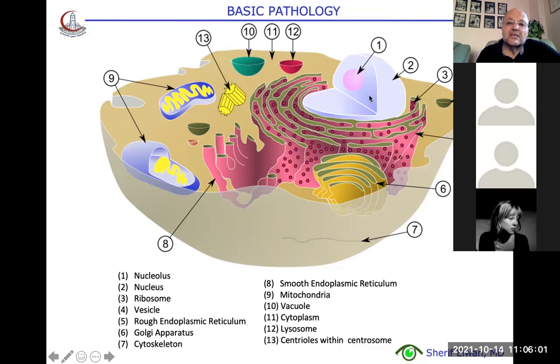And all this is swimming in the cytoplasm, with the lysosomes, which are responsible for the degradation of other products of metabolism and noxious agents.